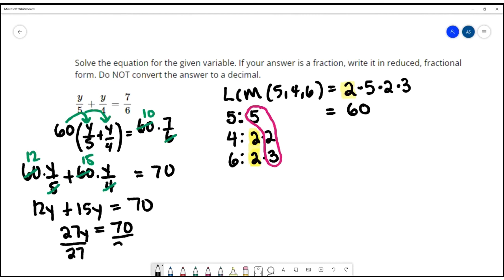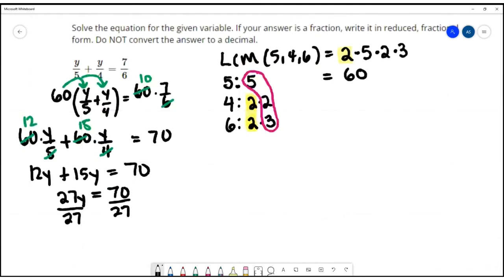We'll divide by 27, and this gives y equals 70 over 27.